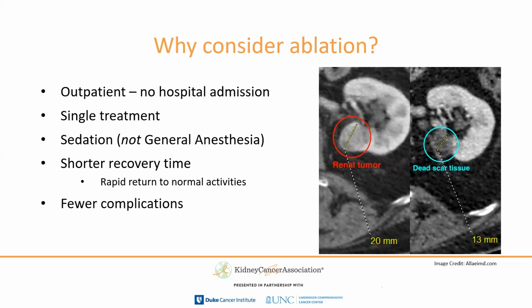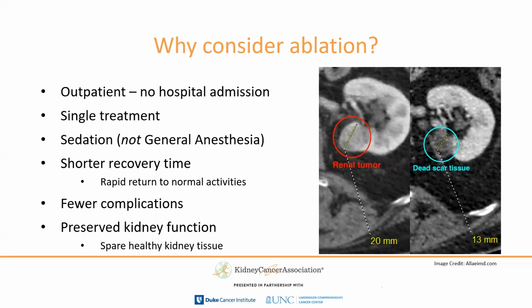Generally, there are fewer complications compared with surgery because we're just doing everything through a very small skin nick. Fewer complications, less blood loss, and importantly, preserved kidney function is something that I think is an advantage that ablation has. So when we do an ablation, we're really affecting the tumor and a small area around the tumor. So the normal kidney is well preserved. You can see an example here on the screen.